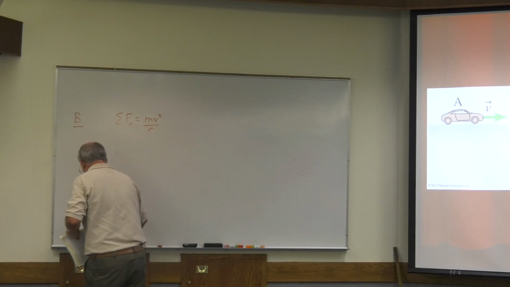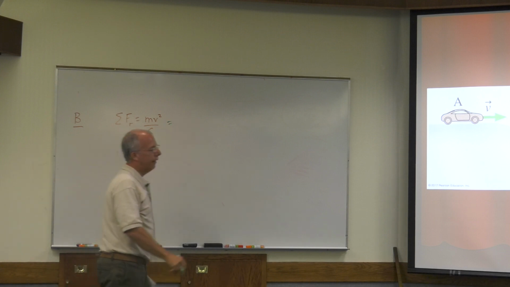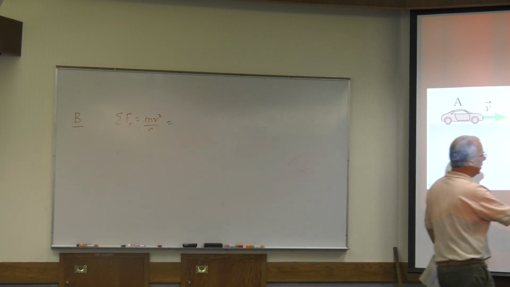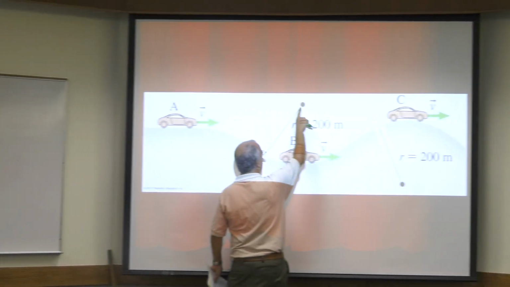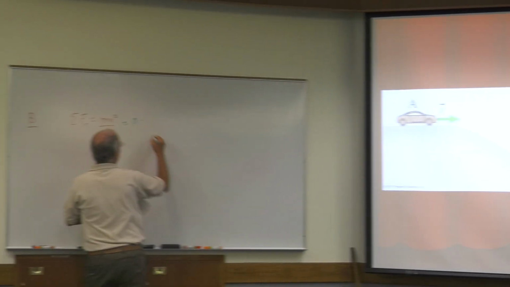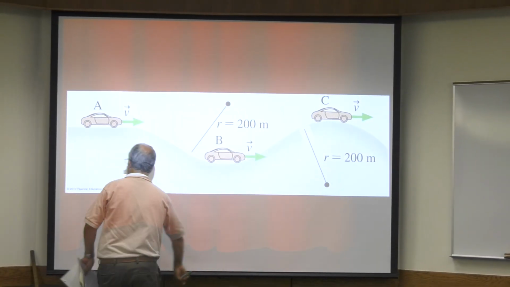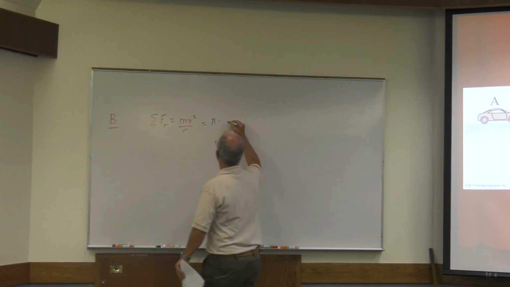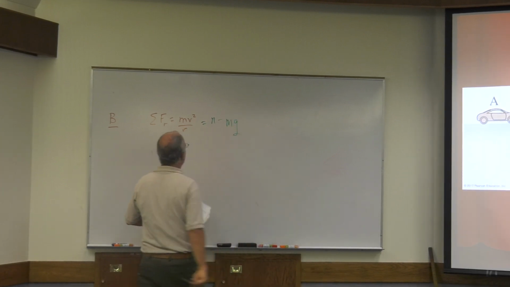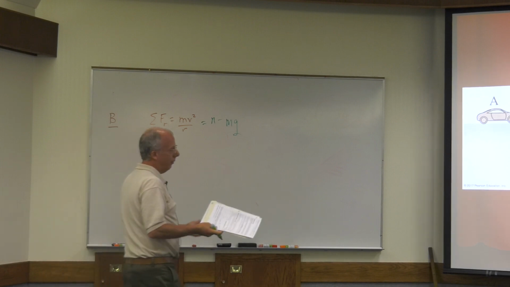But now you're going to write what the radial forces are. There's a normal force, which is a plus, because it points towards the center of the circle. And there's the weight, which points away from the center of the circle, so it gets a minus. Okay, that's how you do it.